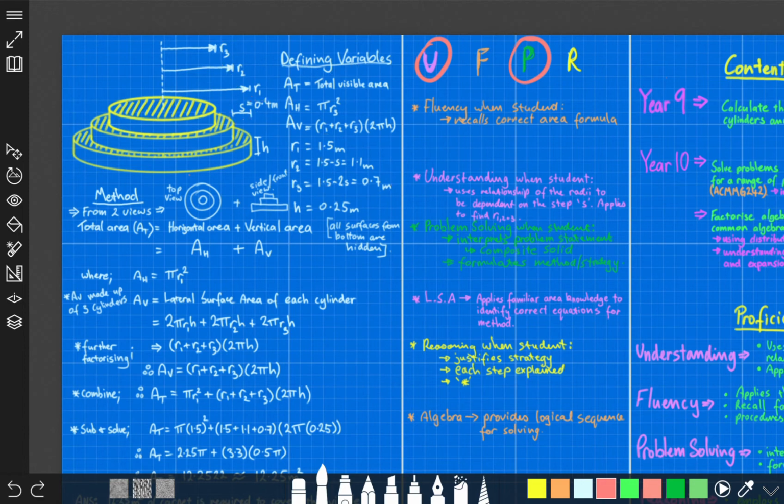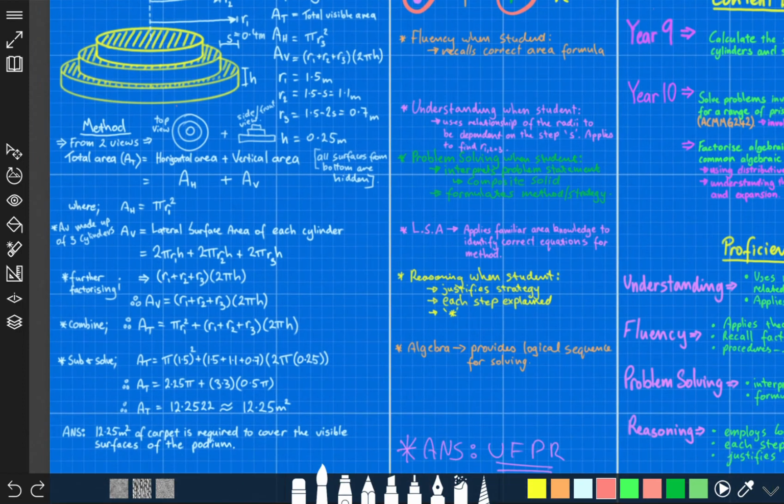Yeah, and moving on, a little bit more of understanding comes from applying the familiar area knowledge to identify correct equations for method. So looking over here, they've identified that they need the lateral surface area to find all the vertical area. So just these sections here. So they don't actually need the top surface area, so they only need the LSA of a vertical.